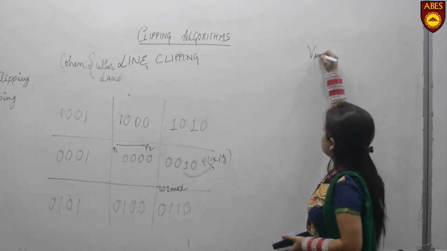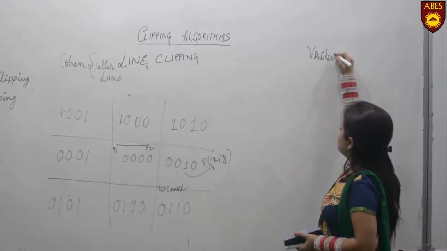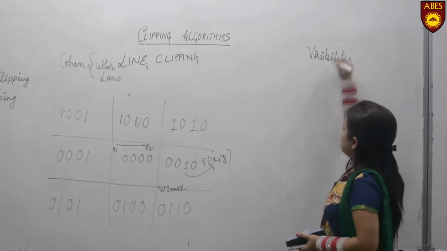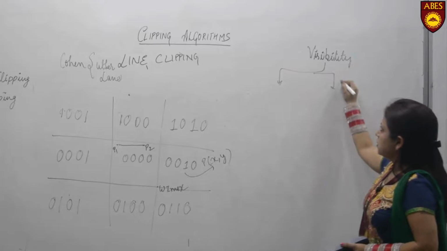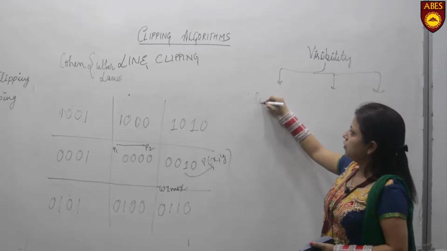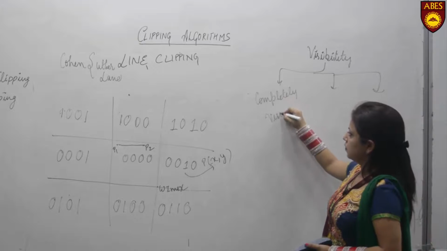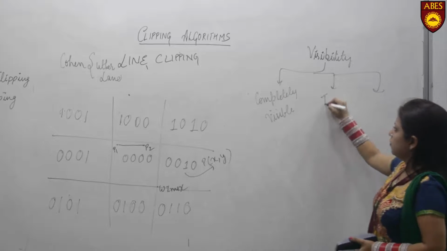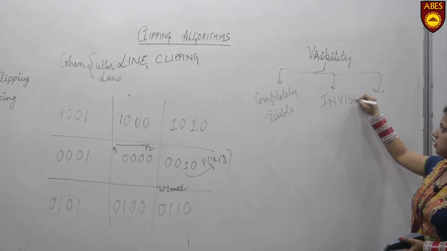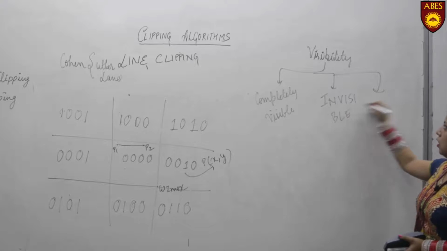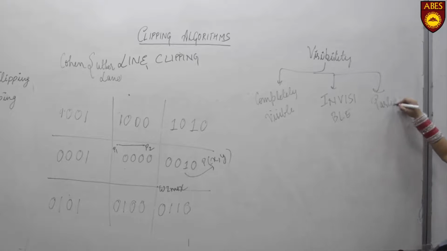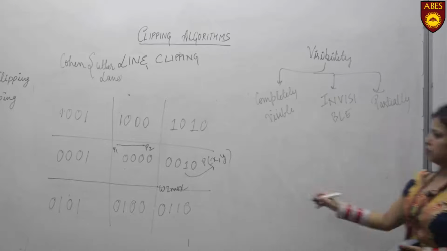So let's first categorize the visibility cases before proceeding to the algorithm. There are 3 basic visibility cases. Either your line would be completely visible, completely invisible, or it will be partially visible and partially invisible.